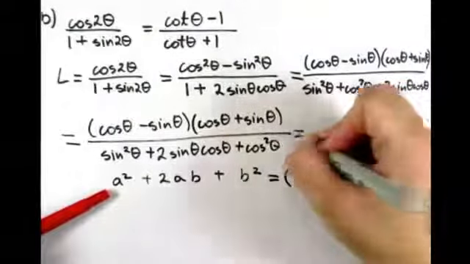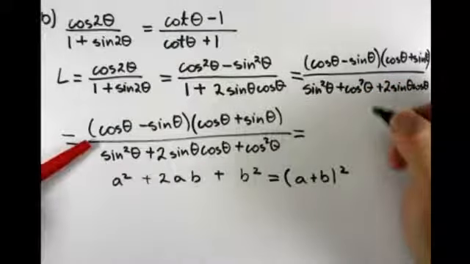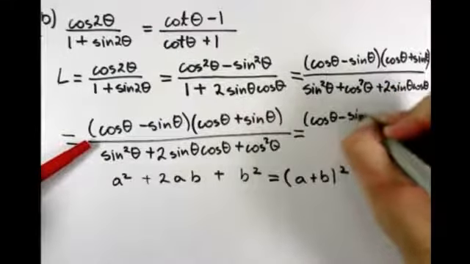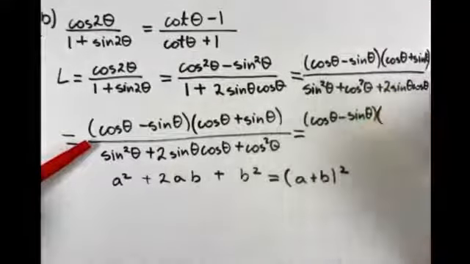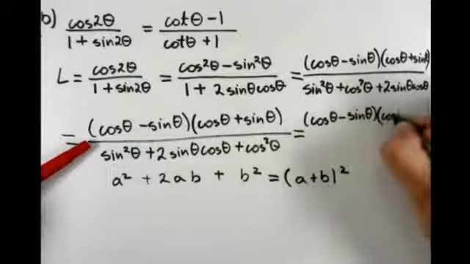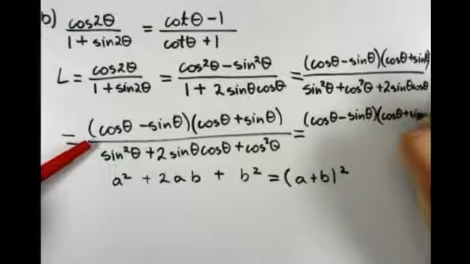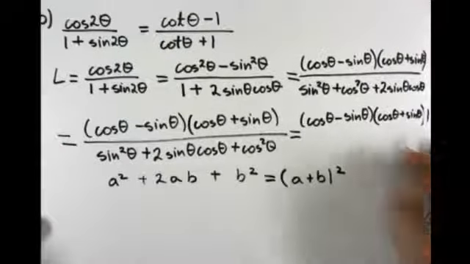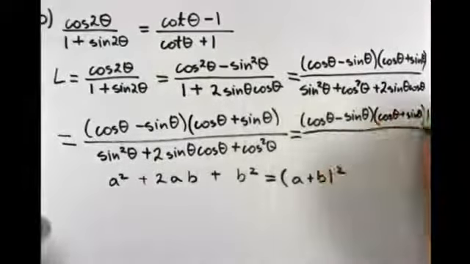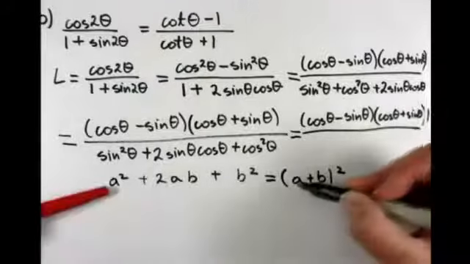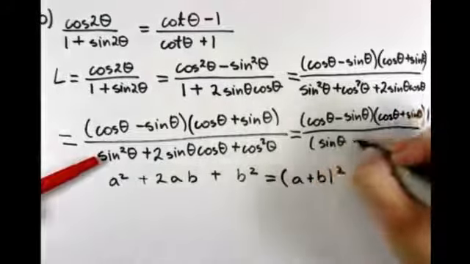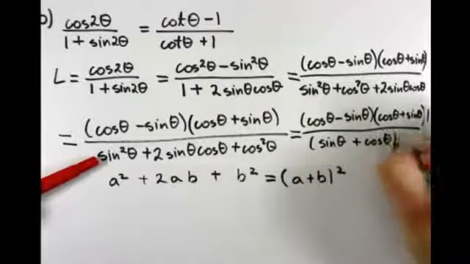So what we have on the top, I still have these two brackets, cos theta minus sine theta, and then cos theta plus sine theta. And on the bottom I have nothing else but a, which is my sine theta, and b, which is my cos theta, squared.